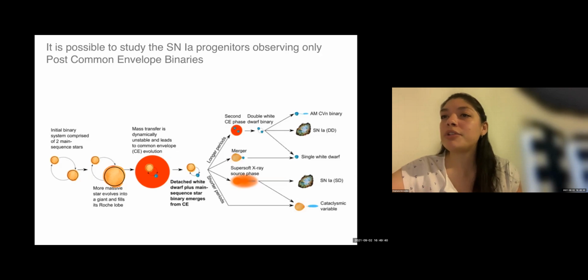What will happen after will depend mainly on the mass of this white dwarf. And for short orbital periods, then we have some other options that mainly depend on the evolutionary state of the secondary star or the main sequence star and the mass ratio of these systems.